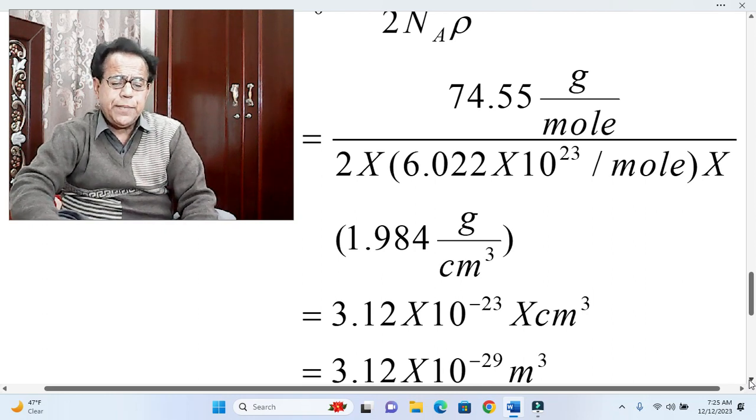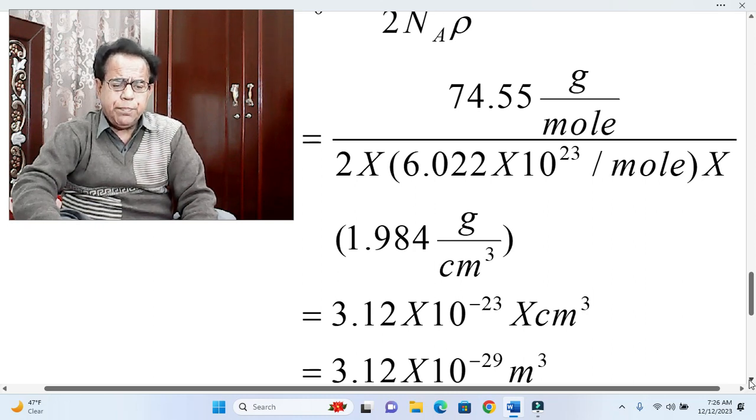When we multiply 2 with 6.022, the result of this will be about 12, and then we divide 74 by this value.